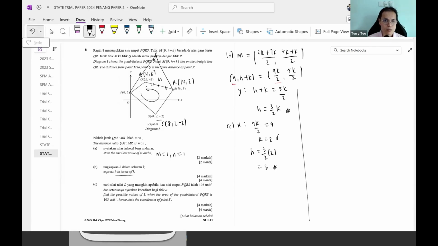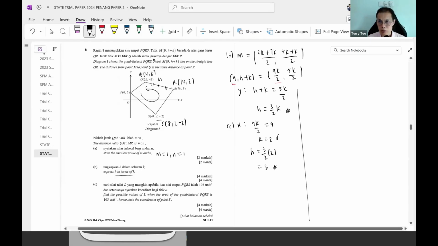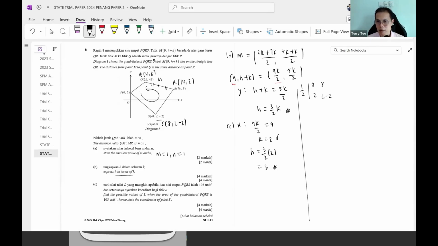Okay, so I'm going to take my area as half x1, y1. I start with P, 0, 2, followed by S, 8, L minus 2, followed by R, 14, 2, followed by Q, 4, 8. Repeat the first point. The result is 105.